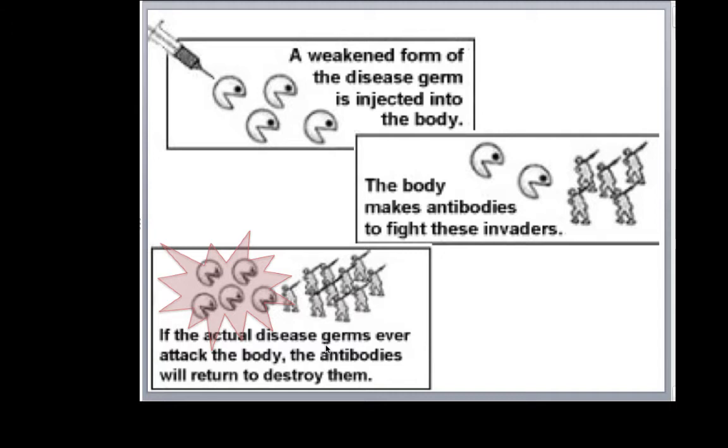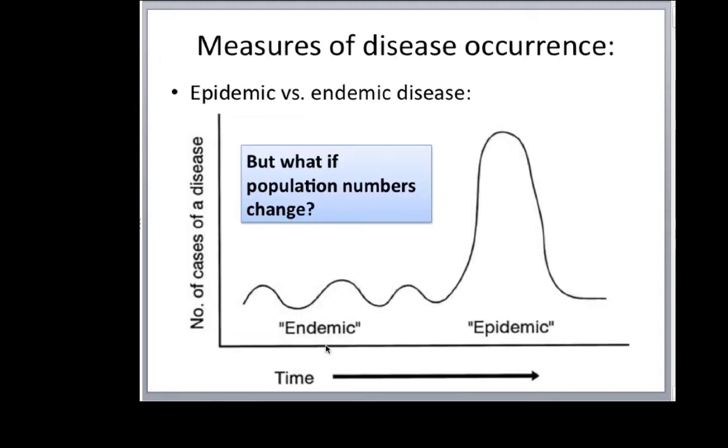All right. Okay, any other questions about vaccines before we go on? Okay, great. So, remember we also talked about how we can look at the distribution of a disease over time.